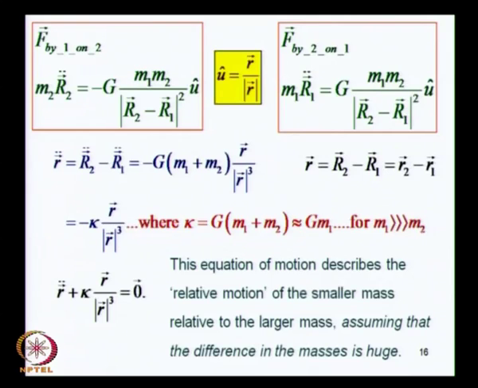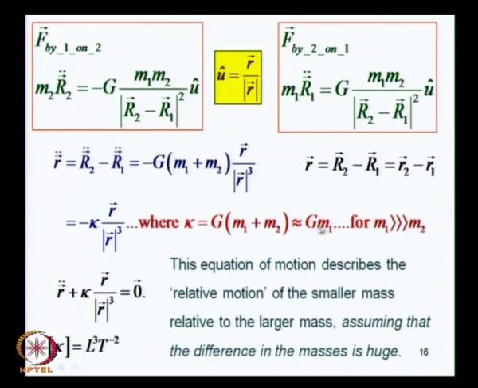We have set it up under the assumption that one of the two masses is much larger than the other, which is a perfectly good approximation in the context in which we are discussing this. Notice that the constant kappa, which is determined by the universal constant G and the two masses, is approximated to G times m1, because m1 is much larger than m2.